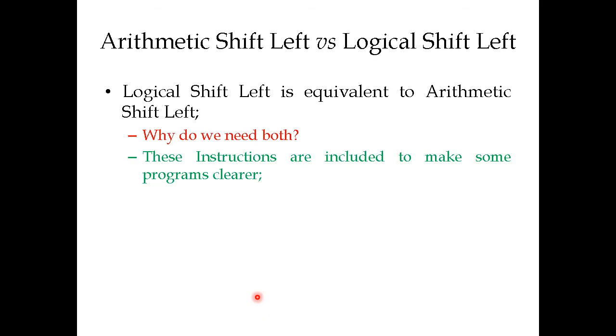So let's look at an example. But before we go there, let me clarify one thing. As I mentioned, arithmetic shift left is equivalent to logical shift left. So you might be wondering why we need these two instructions since they do the same thing.